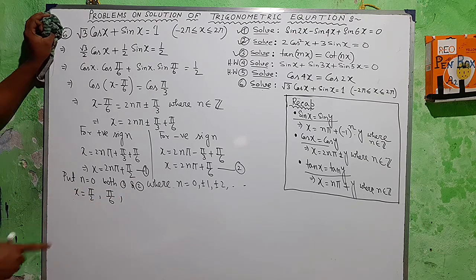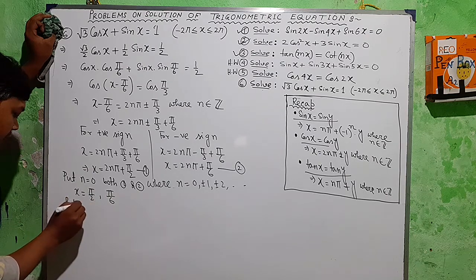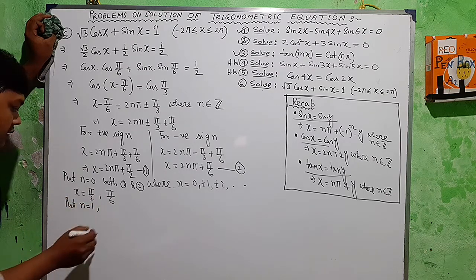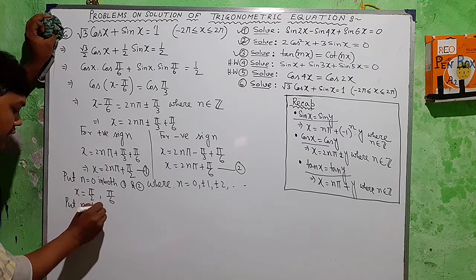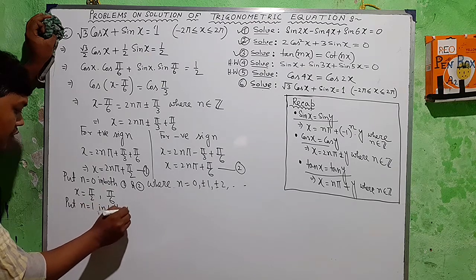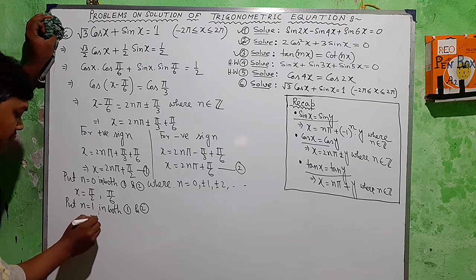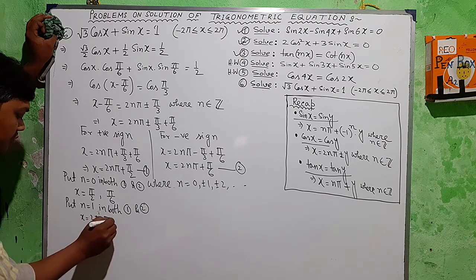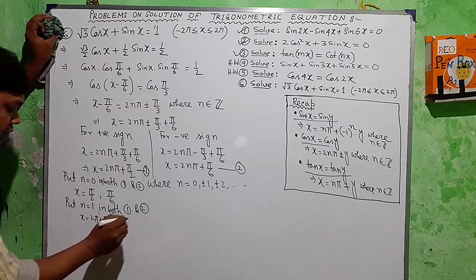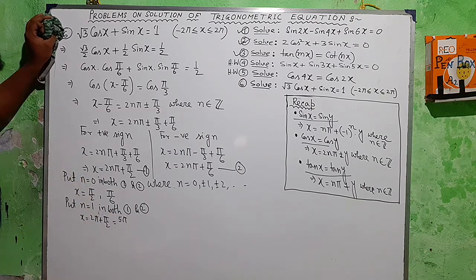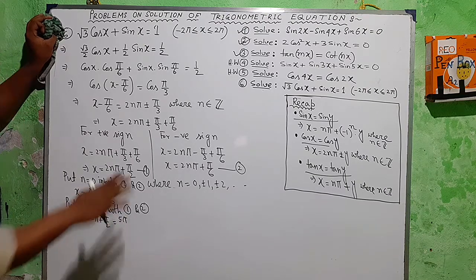Now put n equals to 1 in both 1 and 2 in a similar fashion. x equals to 2 pi plus pi by 2, that gives 5 pi by 2, that exceeds 2 pi.